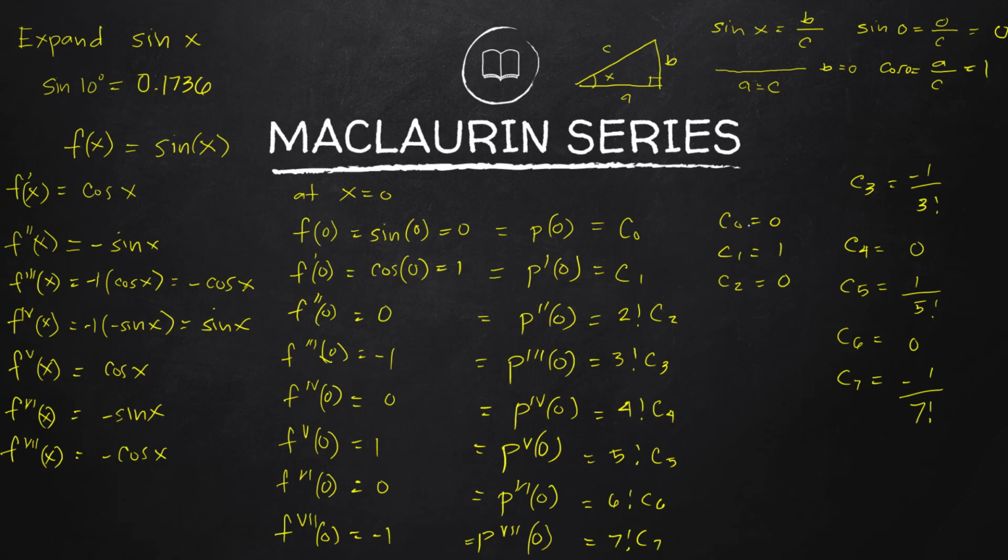Now that we have the values of your constants in our approximating function, we can now substitute this to find the nth Maclaurin polynomial of f about x is equal to 0.